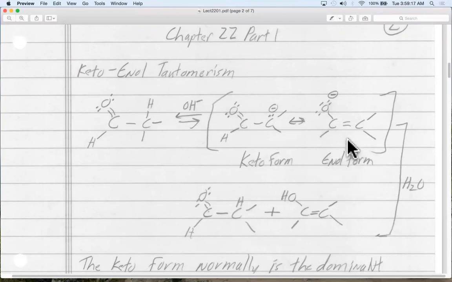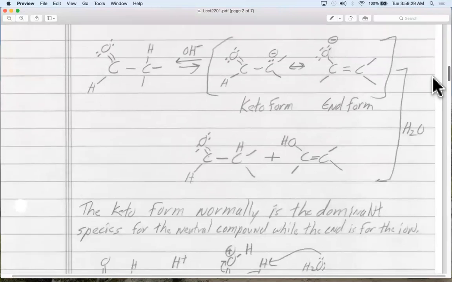This is called the enol form because it contains an oxygen attached to the C=C. Now, if we protonate this, notice we can protonate the oxygen in the enol form to get this enol, or we can protonate the keto form and get the ketone.